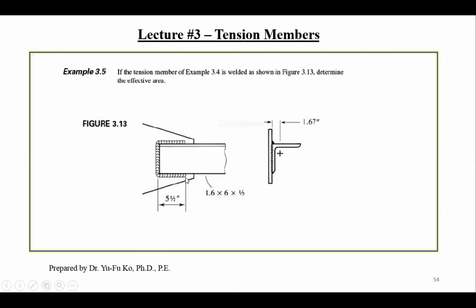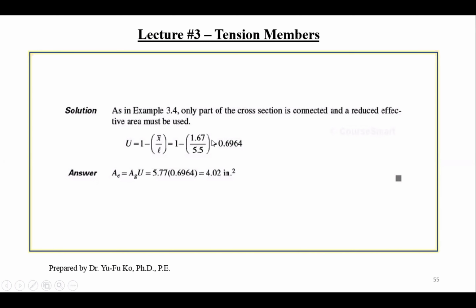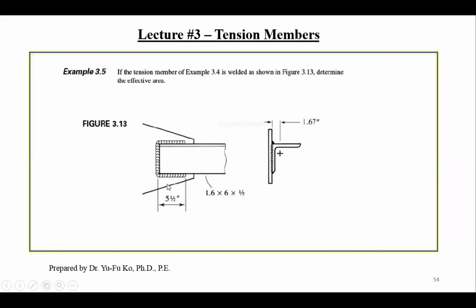It's measured from the end of the welding to the end of the welding in the loading direction. So it's 5.5. X bar doesn't change, same cross section. So U is 0.69. So AE is 4.02. So this is for welding.